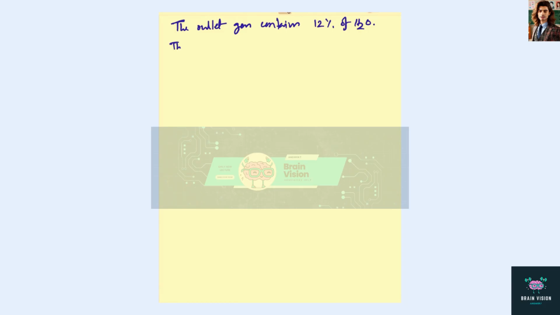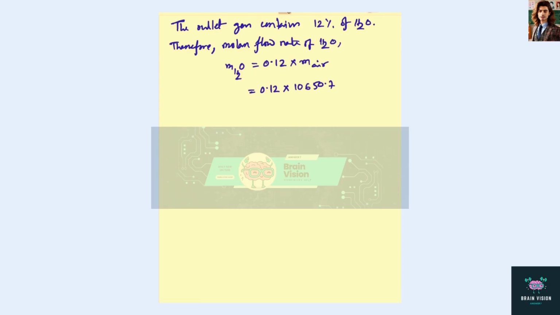Therefore, the molar flow rate of water is equal to 0.12 multiplied by the molar flow rate of air, which is 0.12 multiplied by 10,650.7 mole per minute, which is 1278 mole per minute.